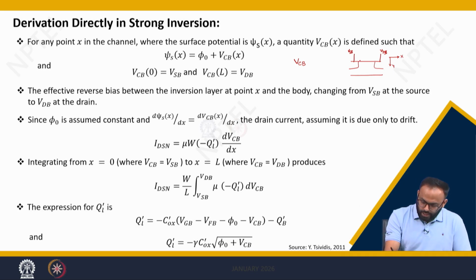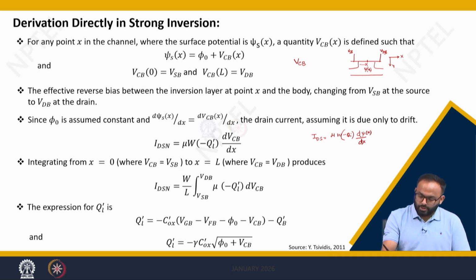At any point along the X, let us consider the surface potential is psi X. Now if I want to represent the current equation, I can simply write a drift current equation as mu into W into minus of Qi into d psi by dx, where this psi is a function of x.